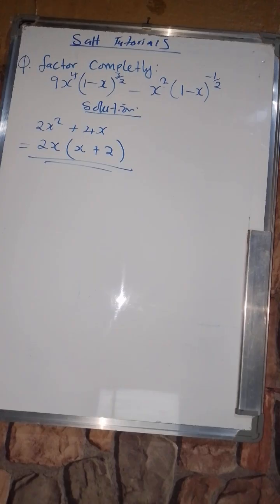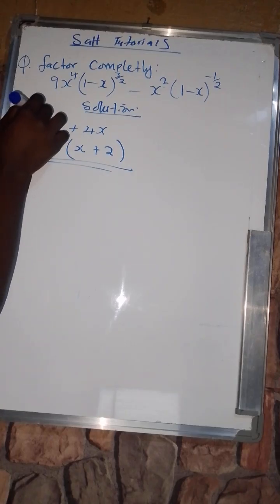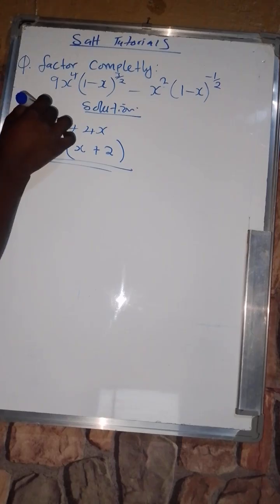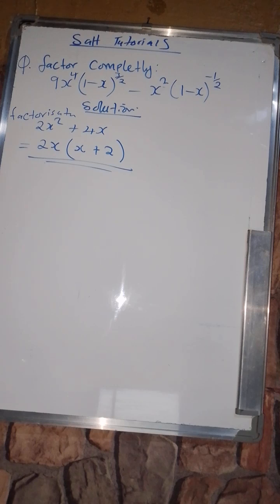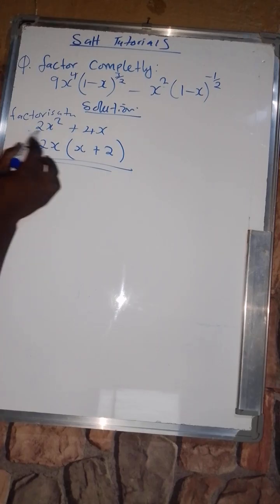So now the question is, how did this solution come about when you are factorizing? Because the concept is talking about factoring out. So basically this came about by first simply locating the common factor on both cases.